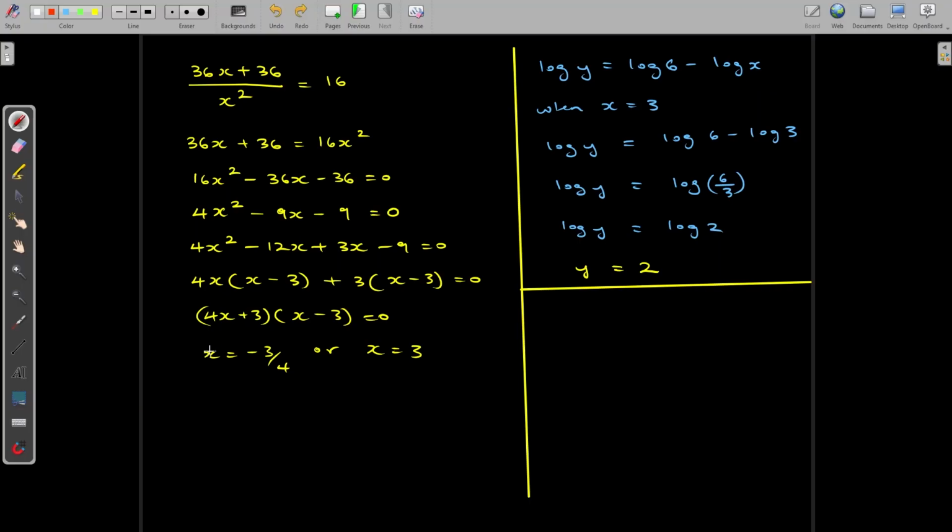So this one right here is not a valid solution. So hence we only have one solution we're working with. So we can wrap up and say, therefore, x is equal to 3, y is equal to 2.